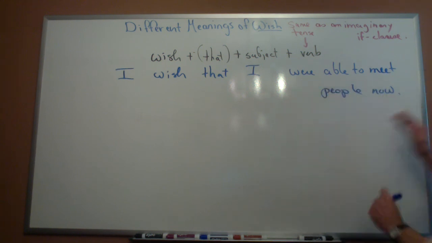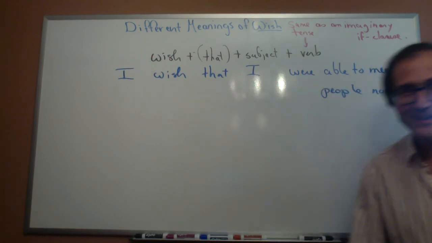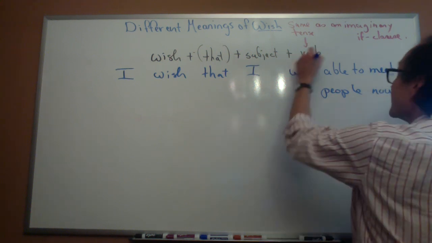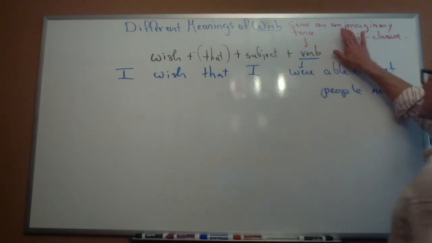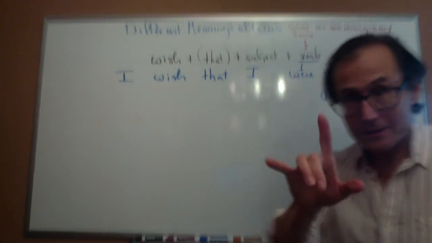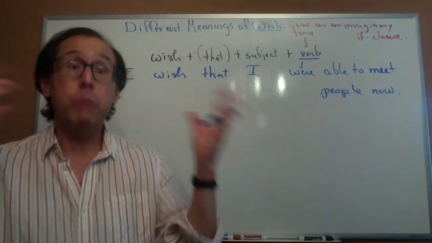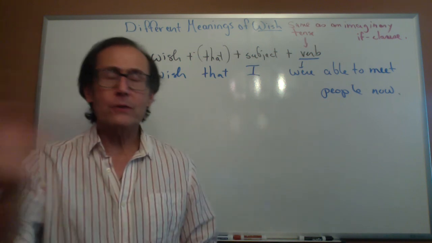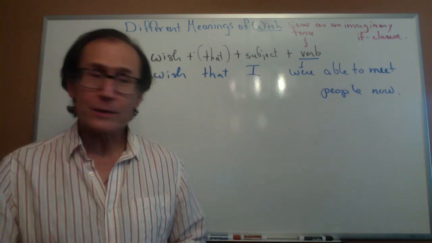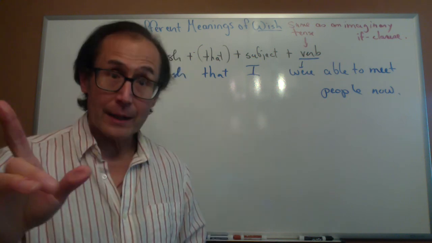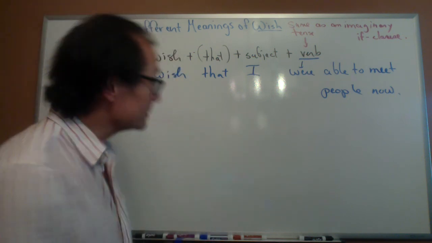Now when I meet people, it has to be on Zoom. So I wish that I were able to meet people now. Notice that the verb were is the same as an imaginary if clause. And again, this is something that I want, but I don't think it's real, or I don't think it's probable, or I don't think it's possible. How is that? Let me give you another example.